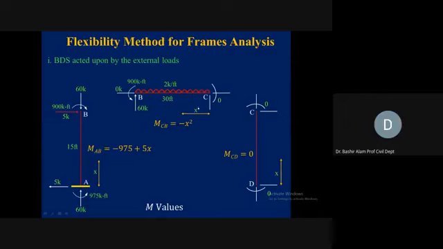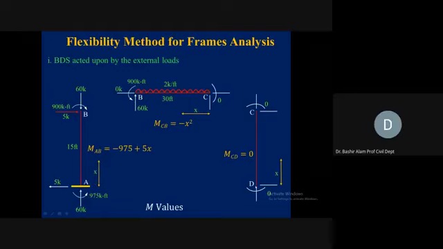The 2 will cancel, and we are left with minus x squared. So MBC is equal to minus x squared. Here you see that x starts at C as 0 and goes towards the left, and here x starts at 0 and goes in the upward direction.